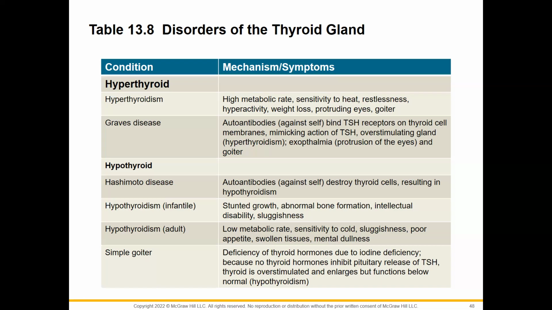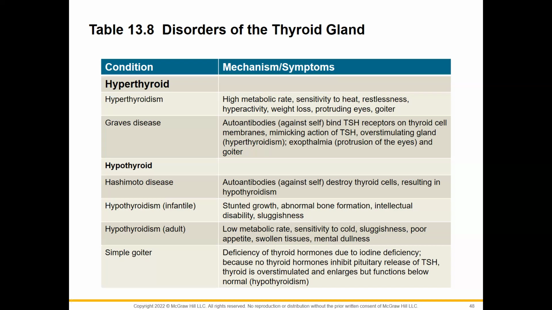The reason they do that, especially in developed countries, is to make sure that the population as a whole gets adequate amounts of iodine so that we're less likely to have a population of people with simple goiters caused by iodine deficiency.